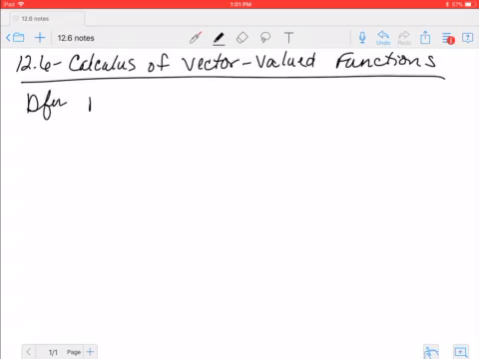Our definition is on page 805 if you're looking at your actual textbook. It's the definition in 12.6.